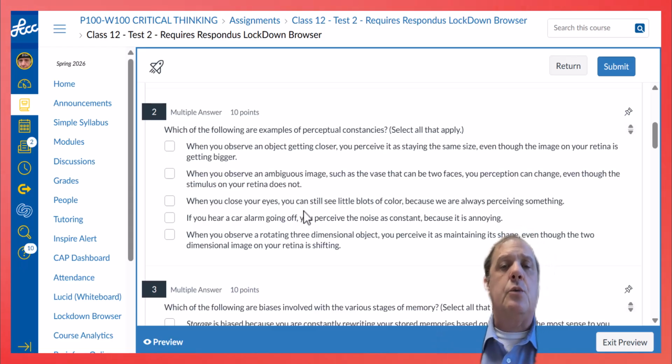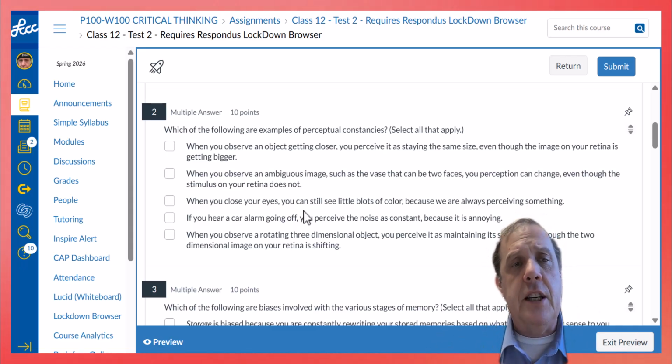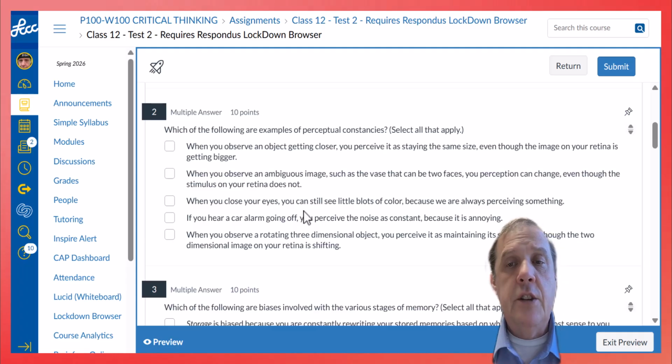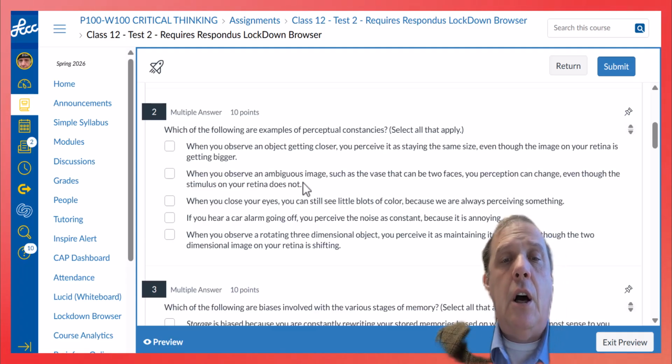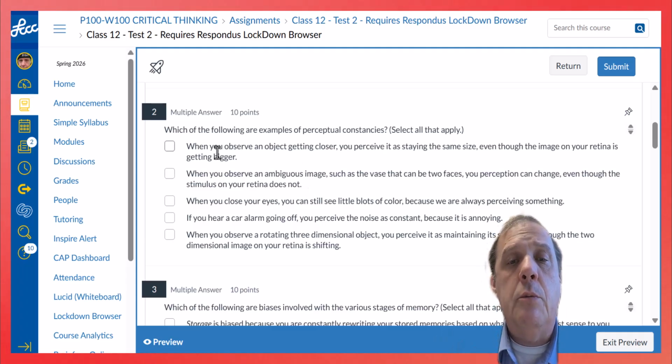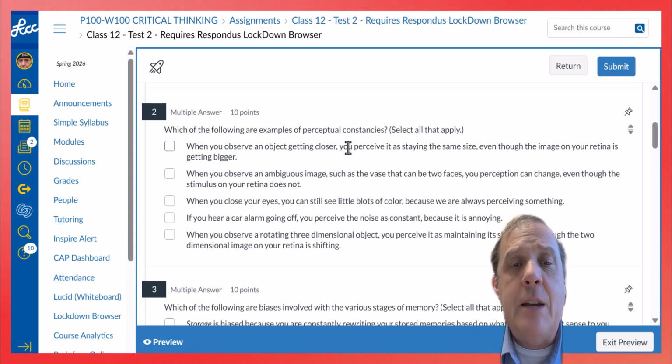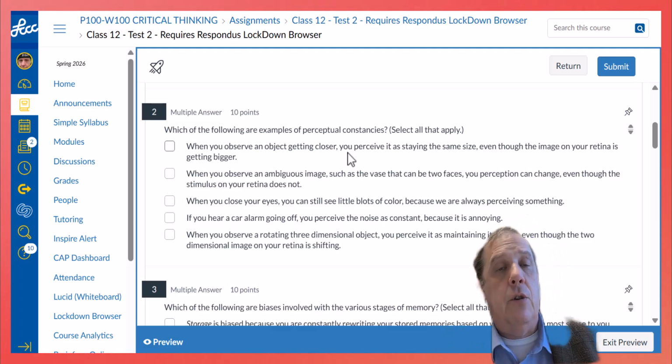Perceptual constancies were things that you perceive as being the same, even though your input keeps changing. So, for instance, when you observe an object getting closer, you perceive it as staying the same size, even though the image on your retina is getting bigger, right?